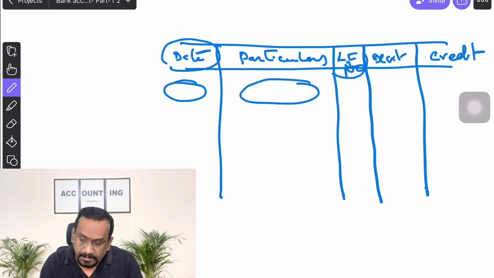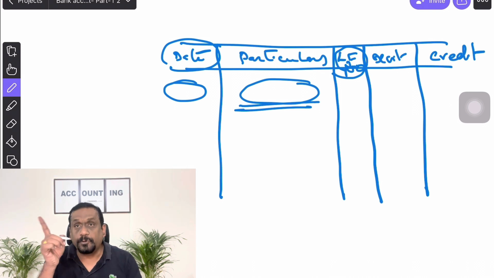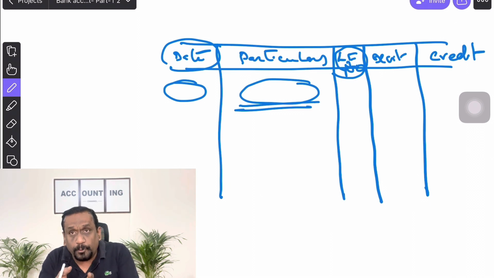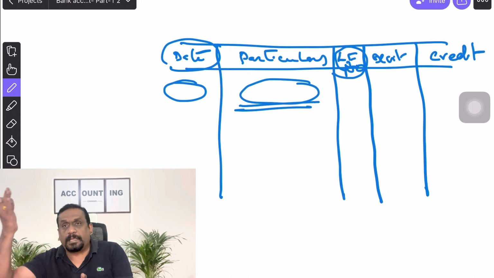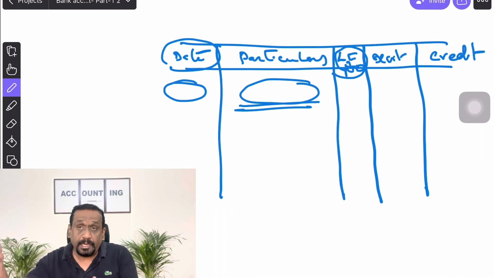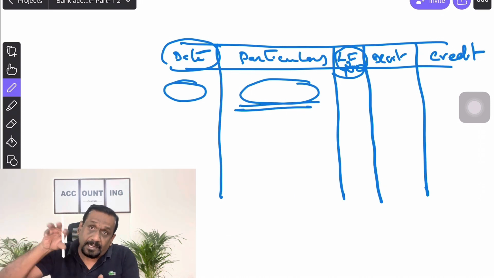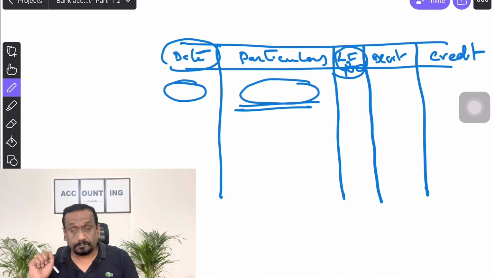Next column is LF number. Ledger folio number. LF number is nothing but ledger folio number. Once we post the journal entry here in journal book, from here it will be posted again in the ledger. So when we are carrying forward to ledger, you should know which page this entry was posted in ledger.